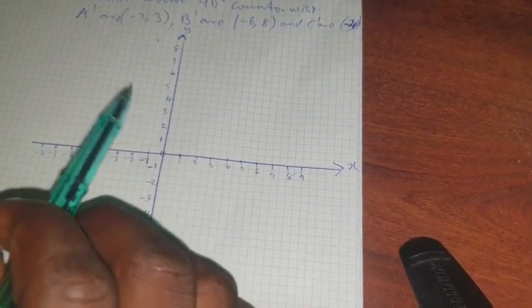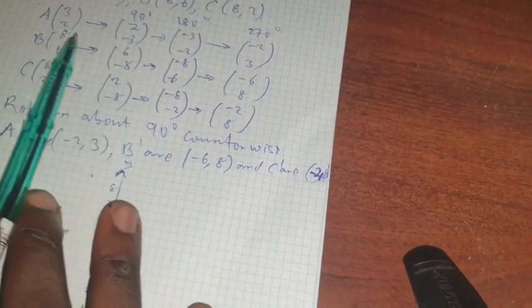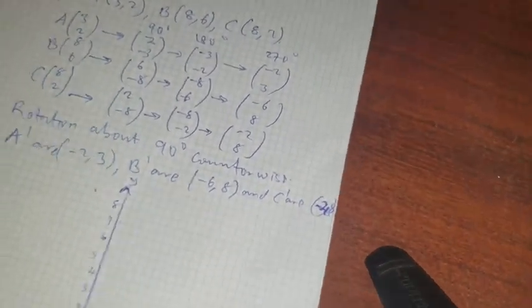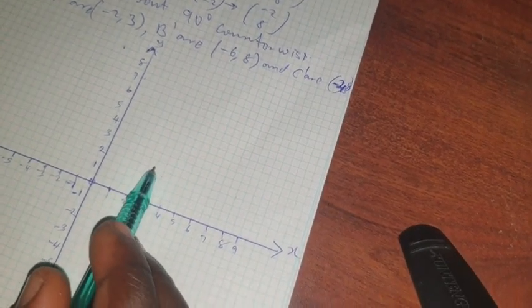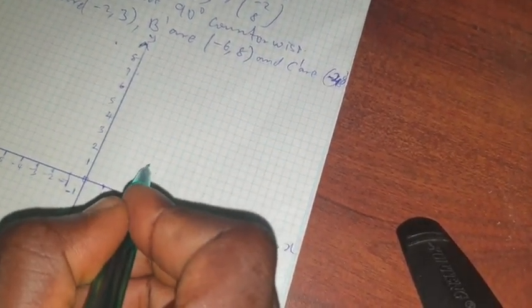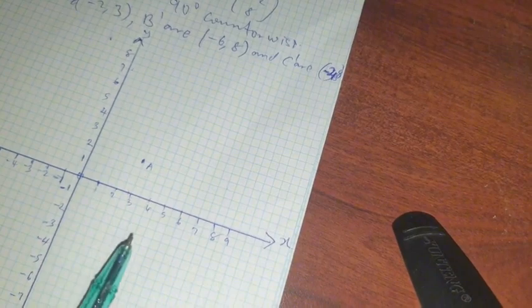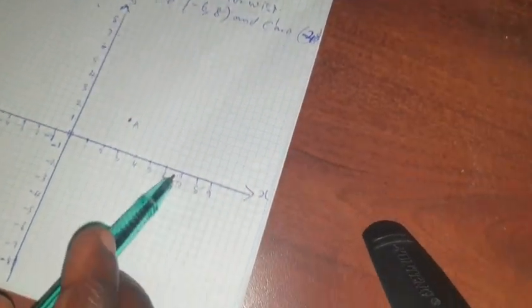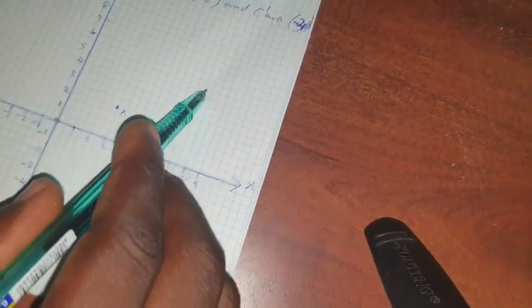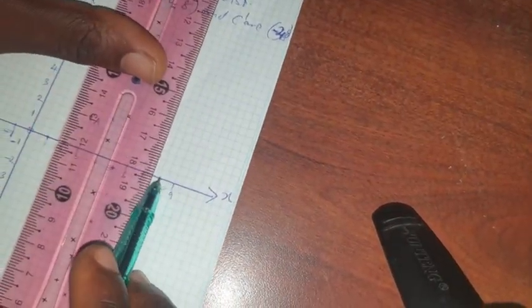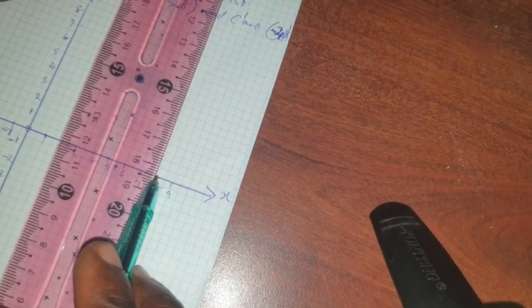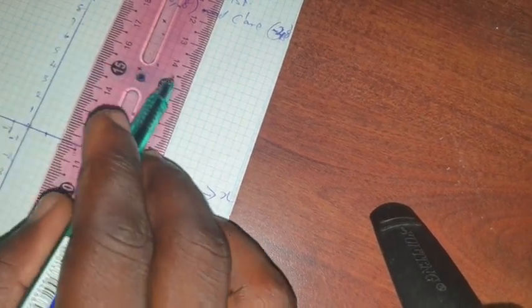So for the original figure, A of coordinate 3, 2: 3 on the x-axis, 2 on the y-axis. So 3, 2, that's A. Then B is 8, 6: 8 on the x-axis, then 6 on the y-axis.